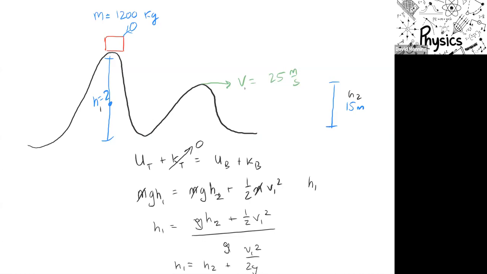So H1 equals 15 plus 25 squared over 2 times 9.8. H1 equals 46.89 meters.